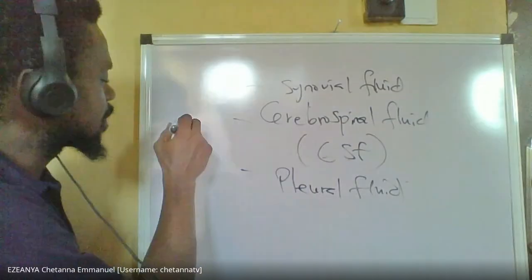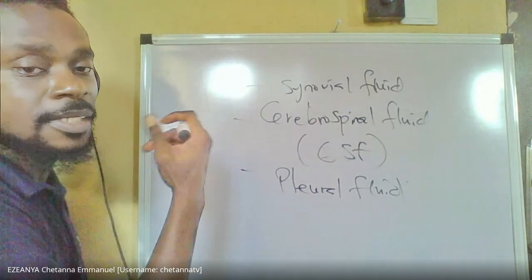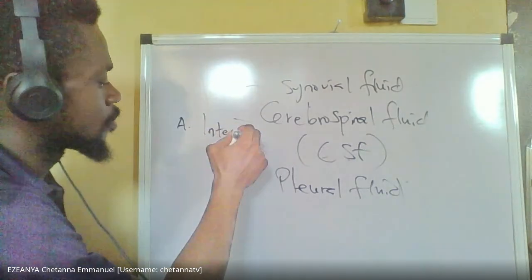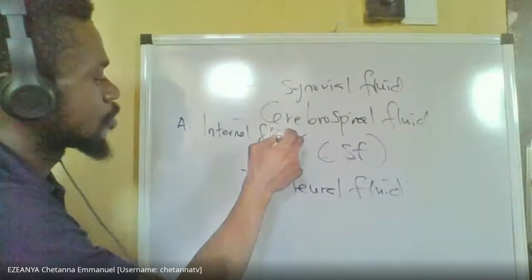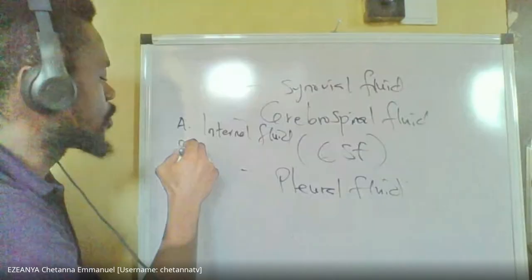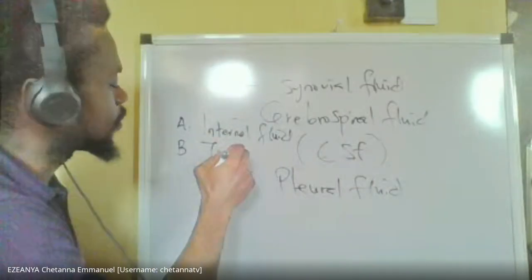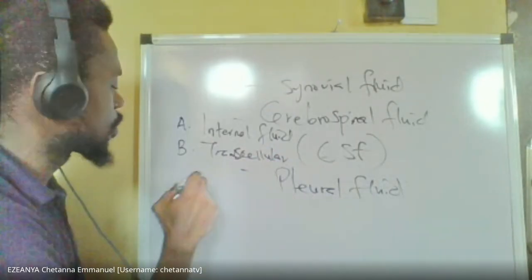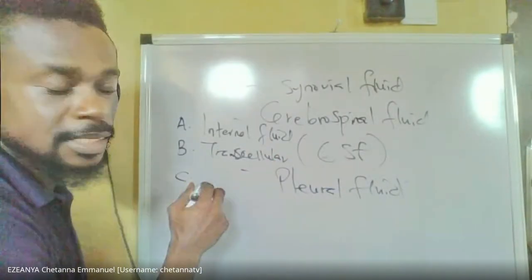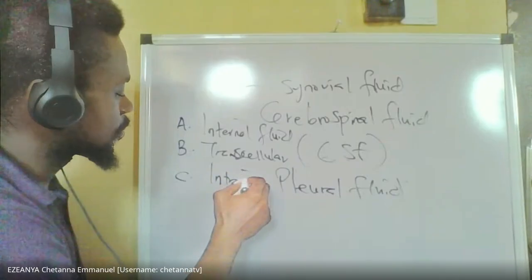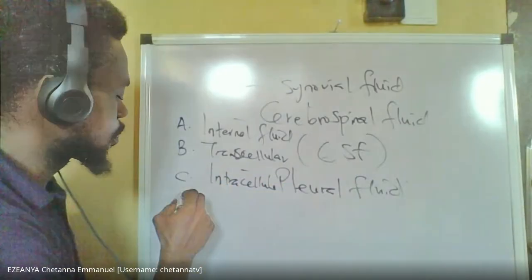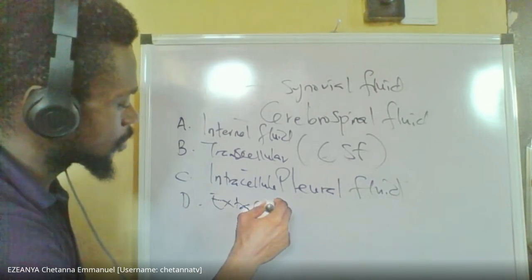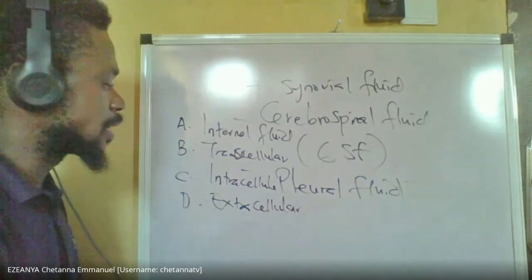Option A says internal fluid. Option B says transcellular fluid. Option C says intracellular fluid. D, extracellular fluid. What's the answer?